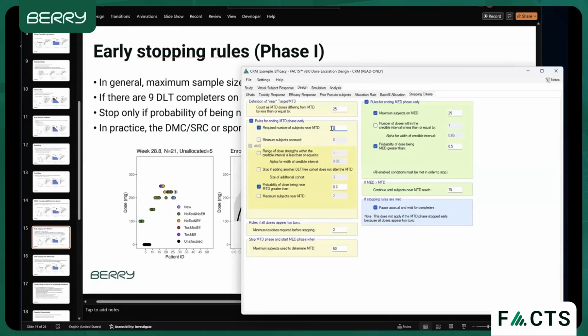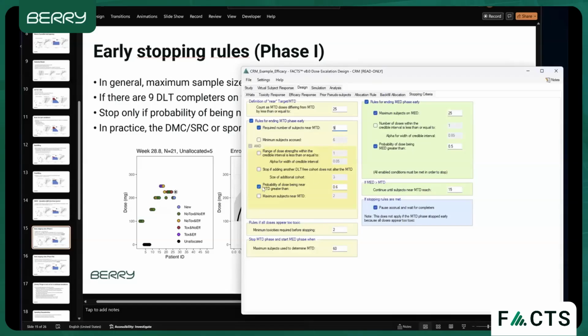So this is satisfied. So you might wonder, why didn't we stop with this already before? Because looking at 200 milligrams, there's 6 patients there. So there was in total 14 patients near 225 milligrams. Why did we only stop here and not already earlier?